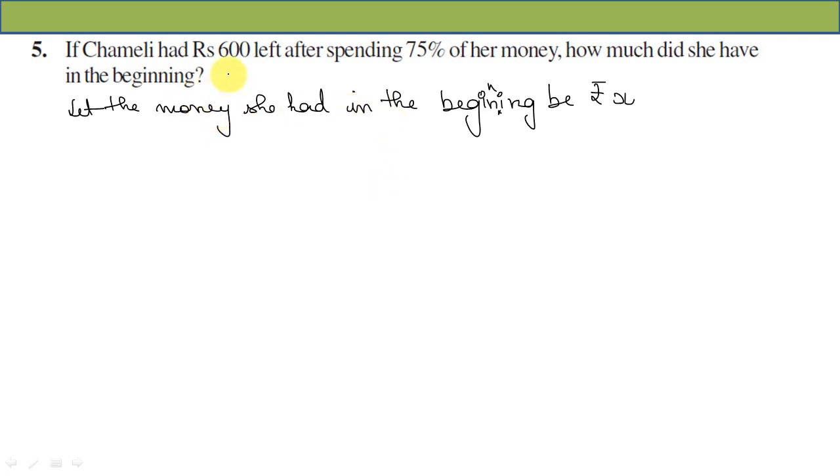If she has spent 75% of her money, that means she has saved 25%. अगर 75% उसने खर्च कर दिया बेटा, तो कितना परसेंट उसने सेव किया? 25%. So let's find it out first.